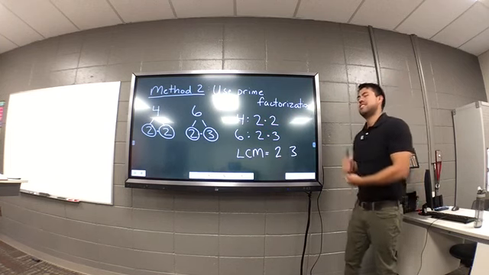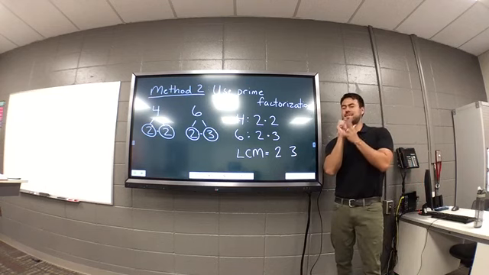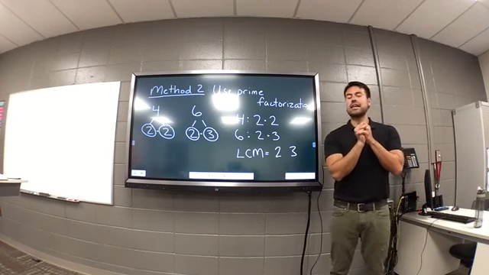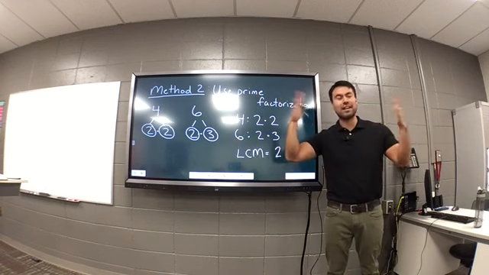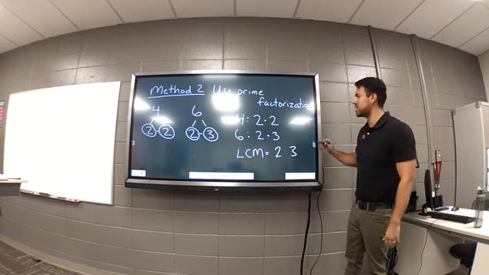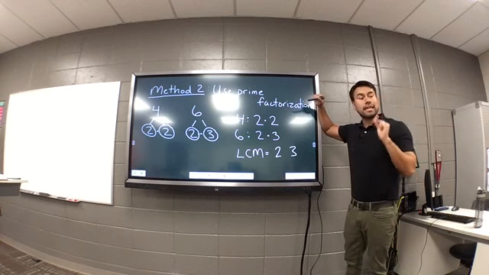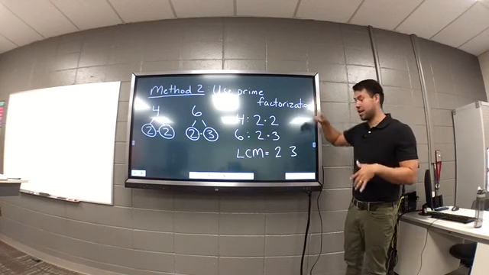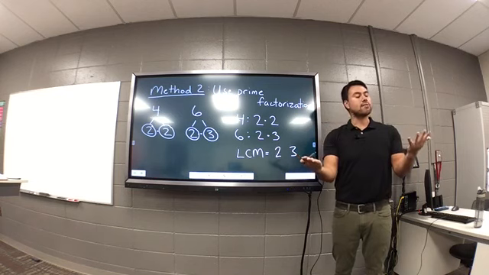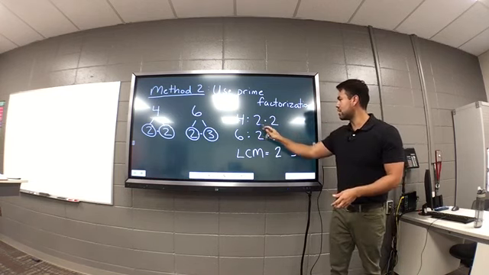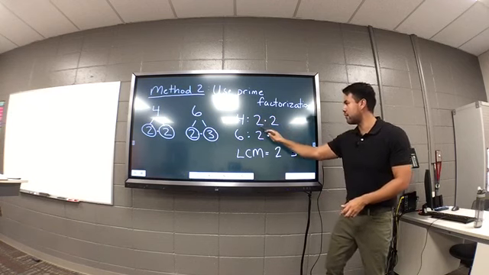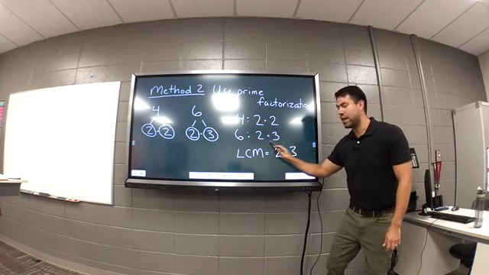Okay? Now this is the second part. I have to look at each unique factor. So I have to look at 2 and 3. And I have to ask myself, how many times is it used in either one of these factorizations? So this is one factorization, second factorization.